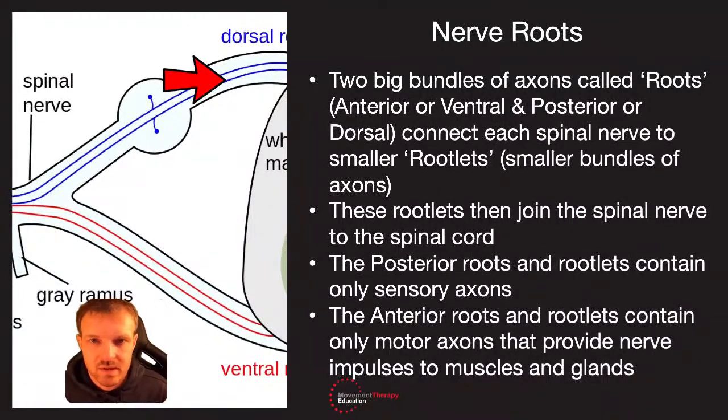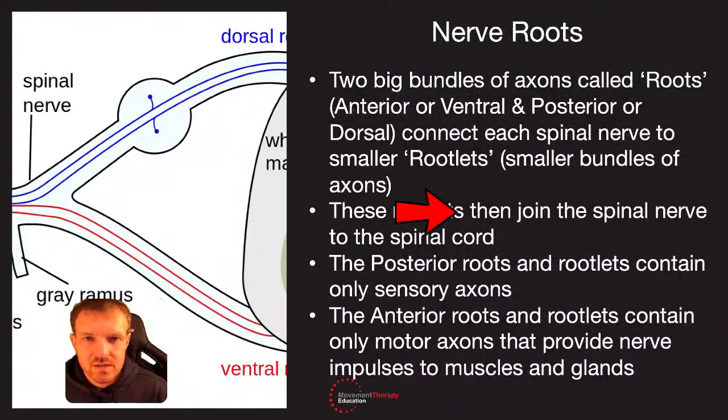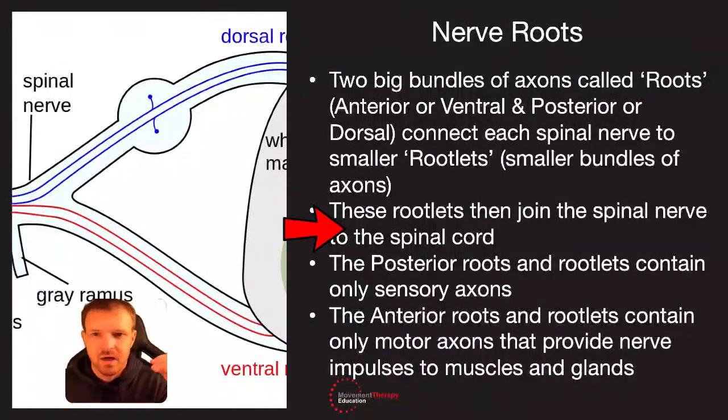Yeah, so that's what they are. These rootlets join the spinal nerve to the spinal cord, and the posterior roots and the rootlets contain only sensory axons. An axon is like the messaging part of a neuron.